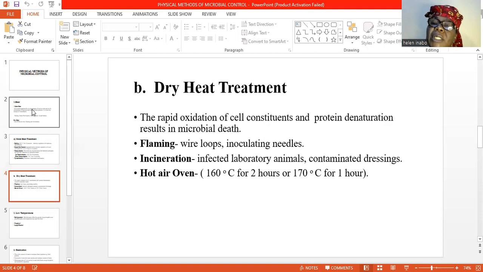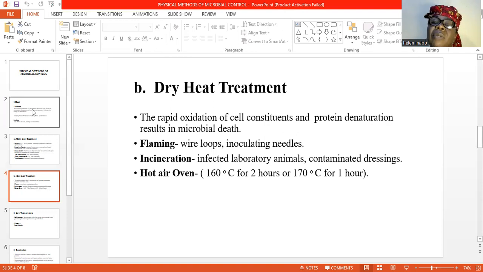The most important dry heat treatment is the use of a hot air oven set at 160 degrees Celsius for 2 hours or 170 degrees Celsius for 1 hour. The hot air oven has a fan to distribute the heat evenly.